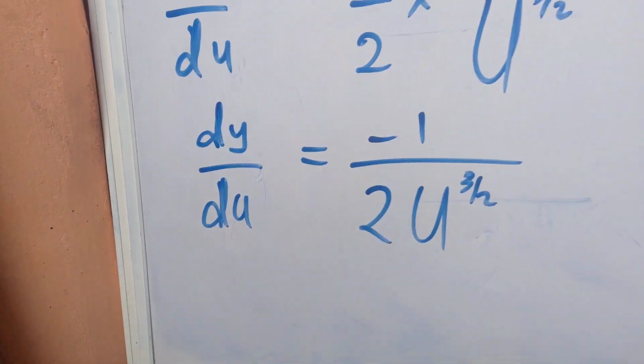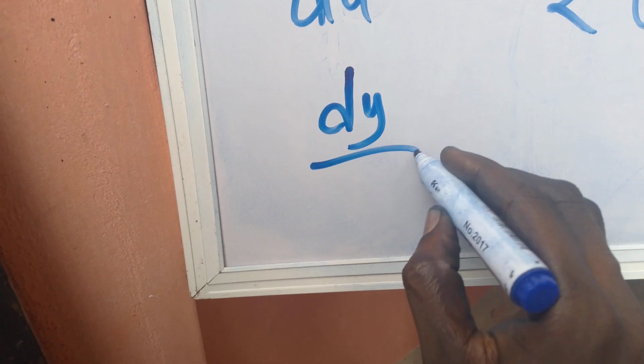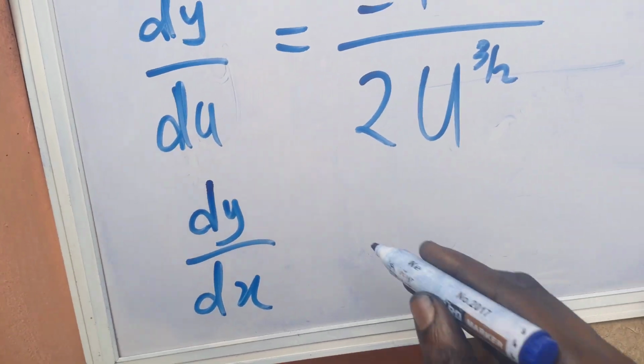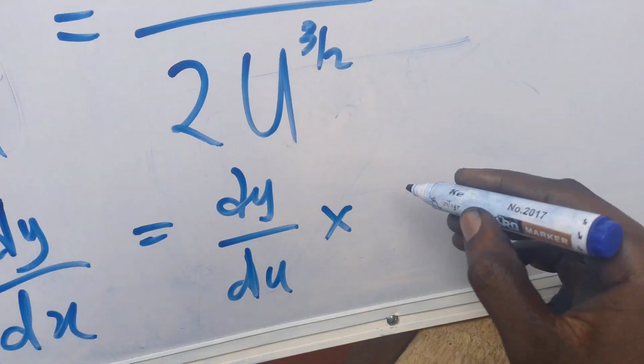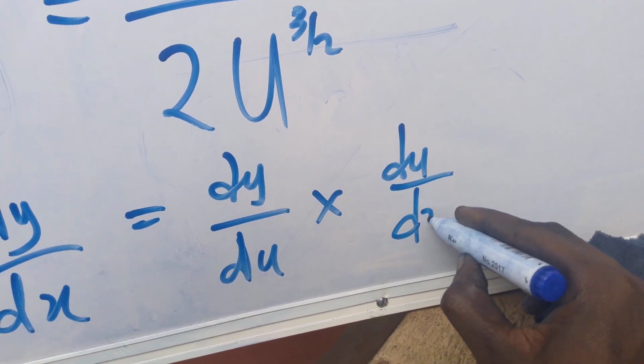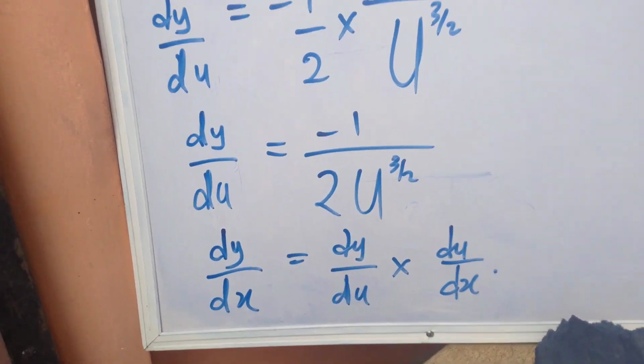So I can then use my chain rule of differentiation. Chain rule states that dy dx is equal to dy du times du dx. That's chain rule of differentiation.